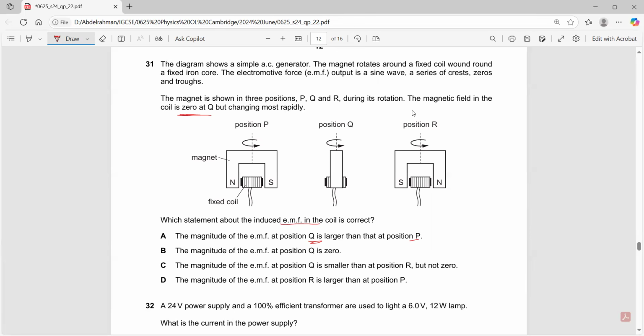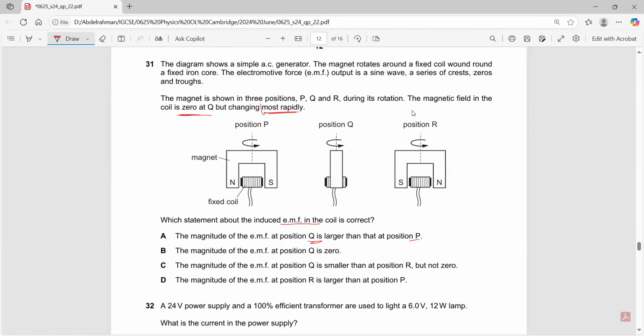Or you might say it's cutting the coil faster. Whether it's faster or perpendicularly, the magnitude of the EMF at position Q would be larger than at position P. It's changing most rapidly. If you say changing most rapidly, then it's faster, meaning it would give a larger output.